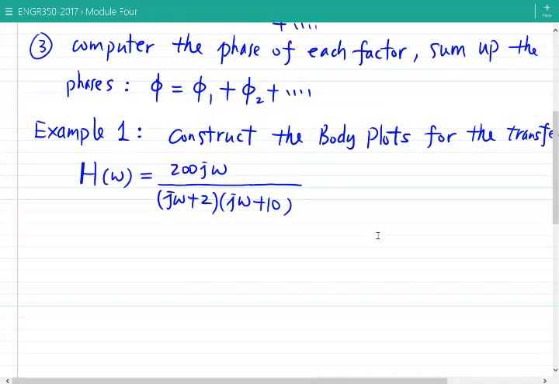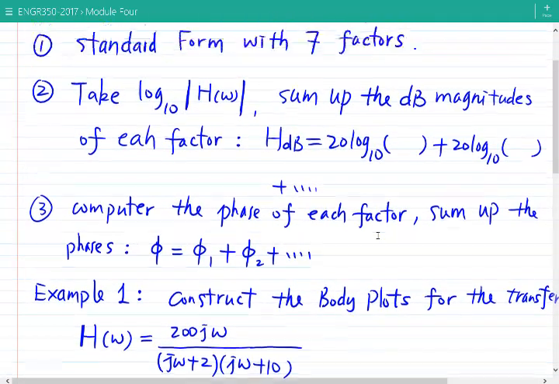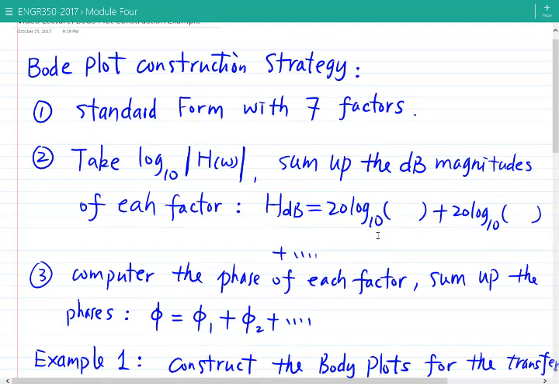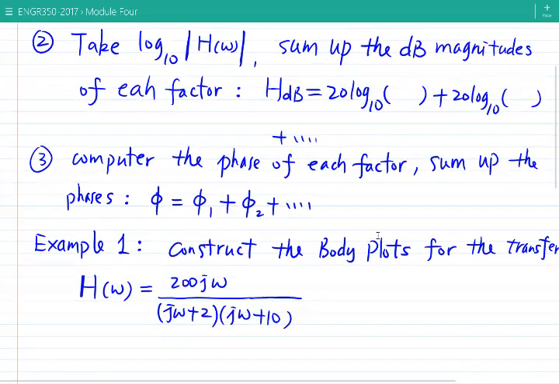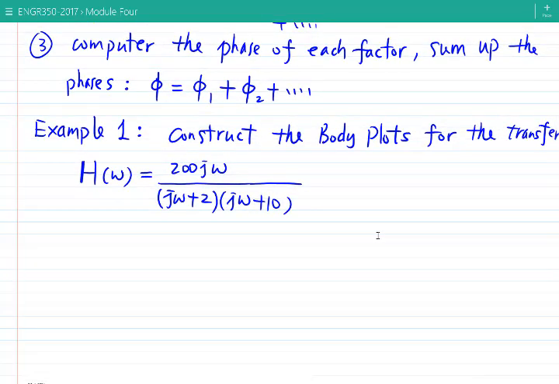Okay, let's apply the first step. We need to massage the complicated transfer function into standard form with 7 factors. You see here that the numerator polynomial is already factorized, and the denominator polynomial is also factorized. So we have factors, but these factors are not in the standard form.